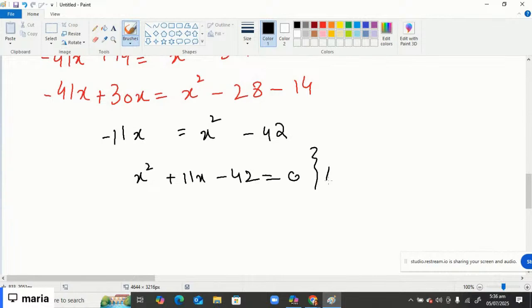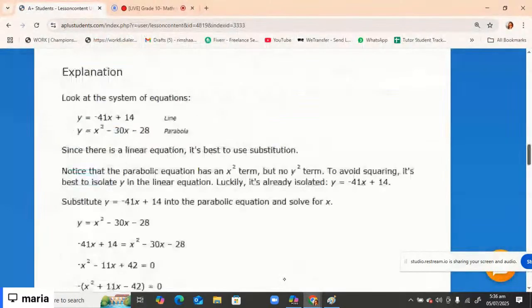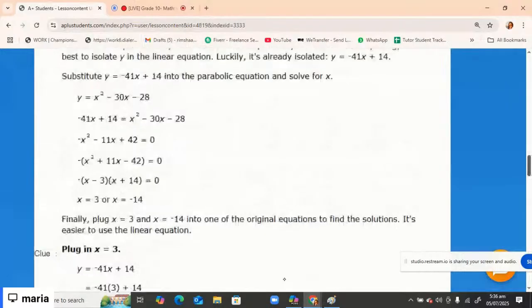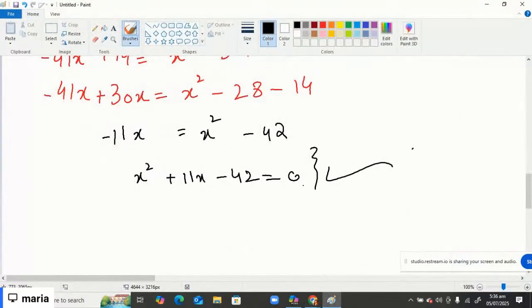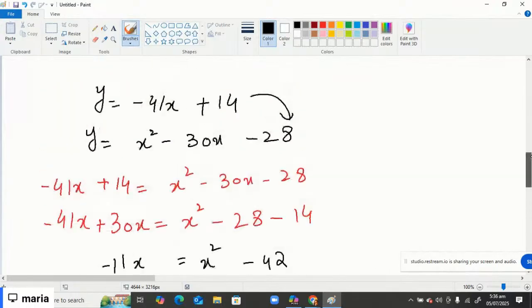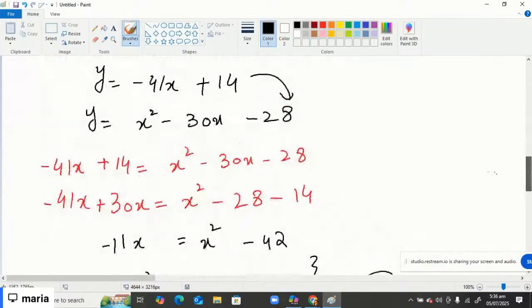Now from here we can check whether it is solved using the middle term breaking or by using the quadratic equation formula. Sometimes it may be the middle term breaking, sometimes it may be the quadratic formula. From the start it is the same for every question.